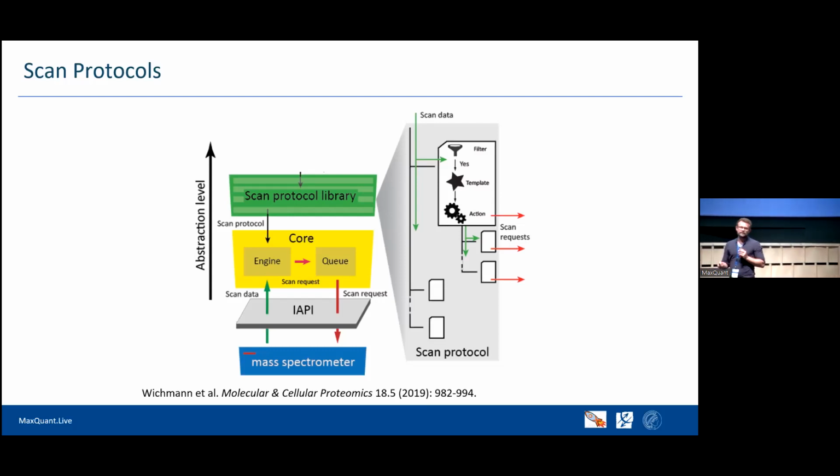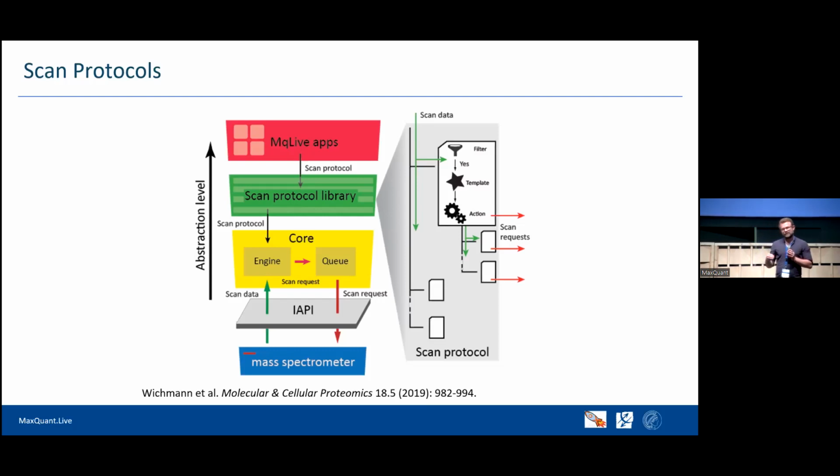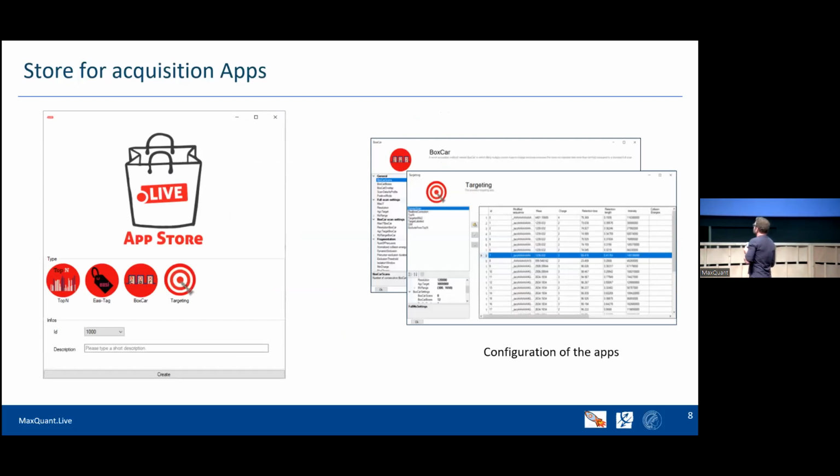And since that's too complicated, we also have an app store, which has some strategies implemented, and it's much easier to set everything up to do your runs. So this app store looks like this. There are 4 different strategies implemented.